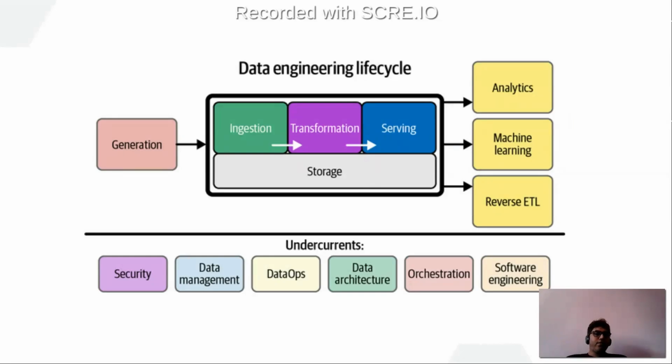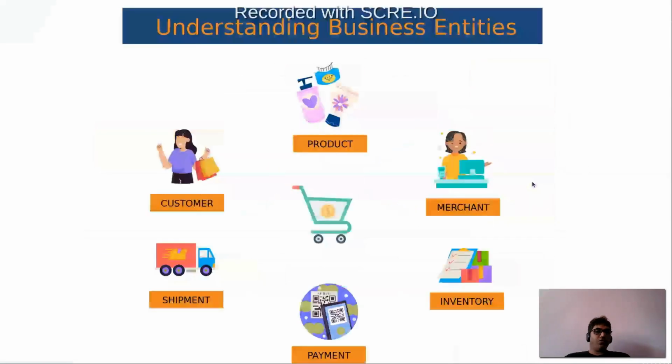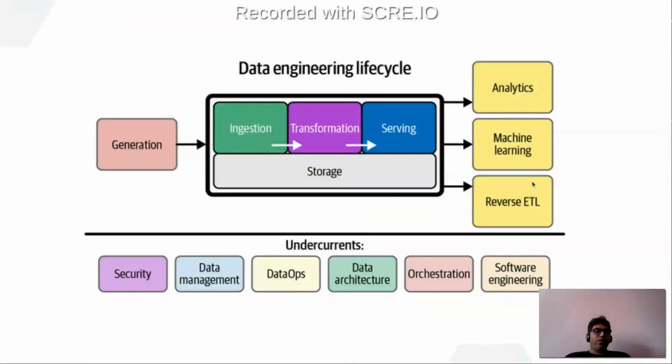And finally, when the data is ready to be served, it is consumed by various departments, also for various requirements like analytics, machine learning, and reverse ETL. So this is a data engineering lifecycle.